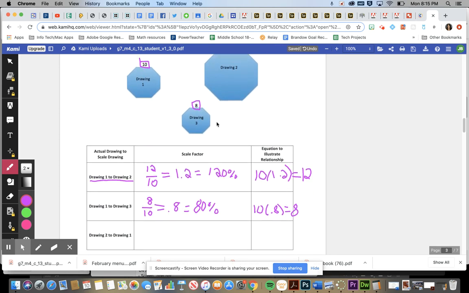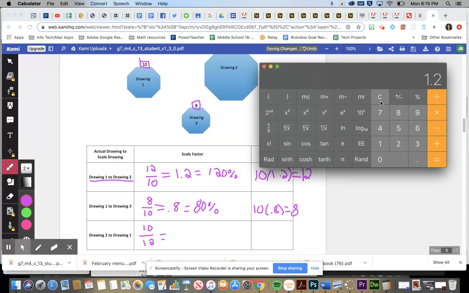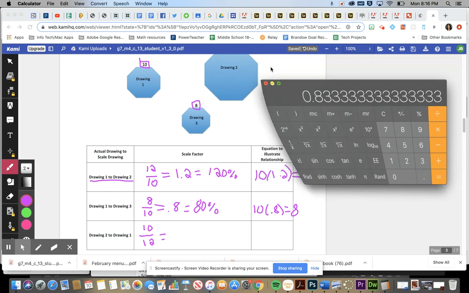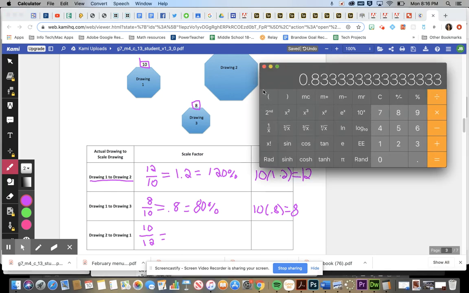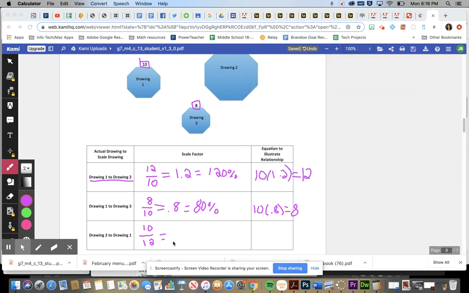Drawing 2 to drawing 1. So now drawing 2 is the original, which was 12. Drawing 1 was 10. So let's divide those and see what we get. 10 divided by 12 is, sorry, 0.83 repeating.